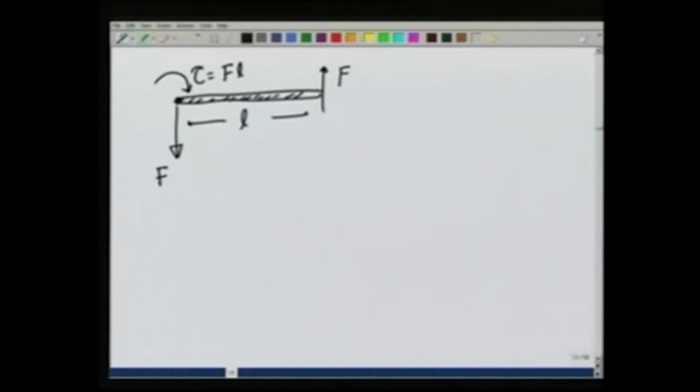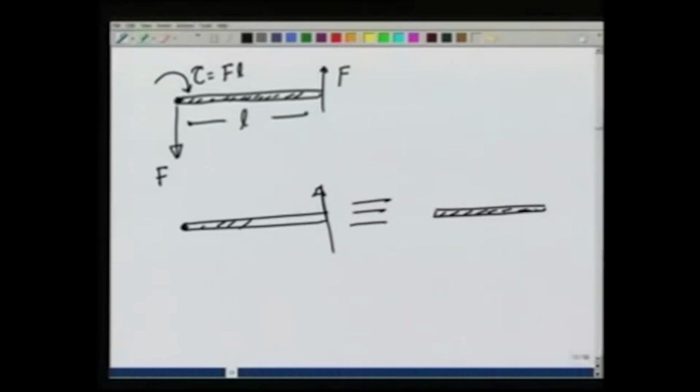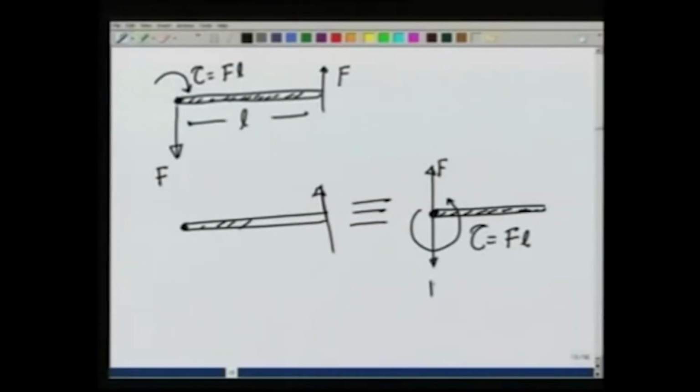In other words, what I can say is that this force is absolutely equivalent to a force F at the pivot point and a torque like this of the amount tau equals F L. So, that if I want to keep this rod in equilibrium, I need to apply at this point a force minus F and a torque like this.